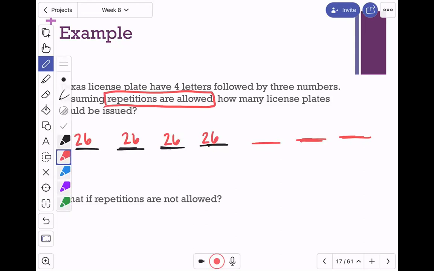How many numbers are we going to have? 10. So there are 10 numbers, 10 here and 10 here, 0 through 9. Now, multiply that out, then what do you get?